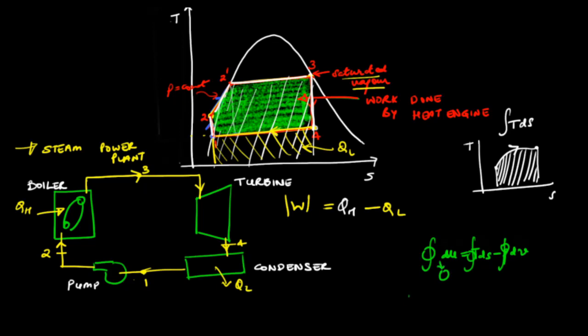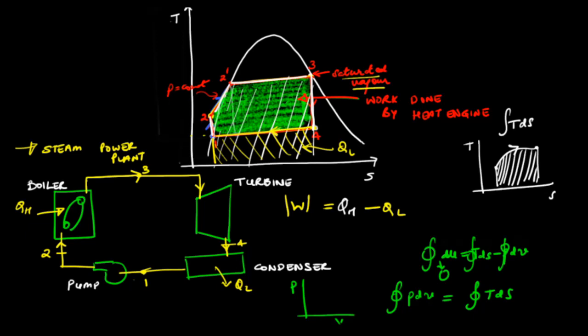Therefore, the integral of PdV, which is the work, is equal to the integral of TdS, that is essentially the heat that has been added to the system reversibly. Therefore, the area enclosed by a cycle on a PV diagram and that on a TS diagram both denote the work that is done by the system undergoing that cycle.